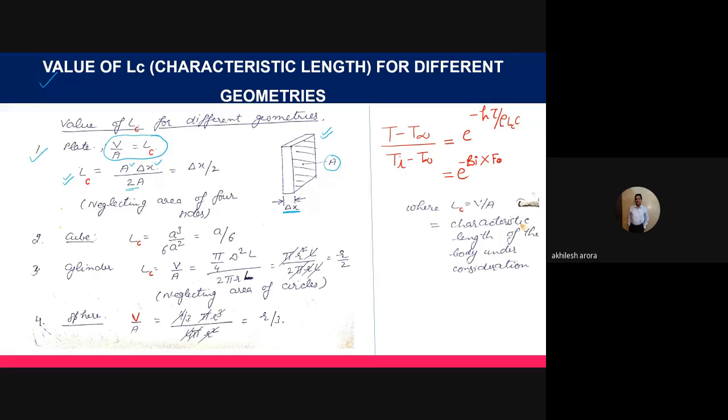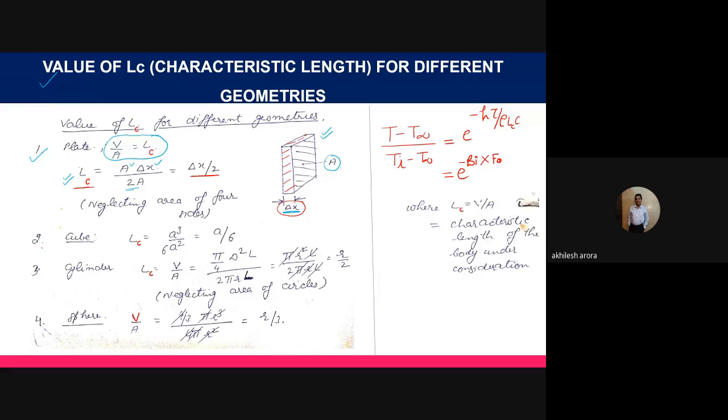Because we are neglecting the areas of the four walls, this area, this area, and there are two more areas in the opposite direction. Why are we neglecting these areas? Because we are considering that the thickness is delta x, and the area of the four walls here will be very, very small. So we have neglected that area. And so in the case of a plate, the characteristic length comes out to be delta x by 2.